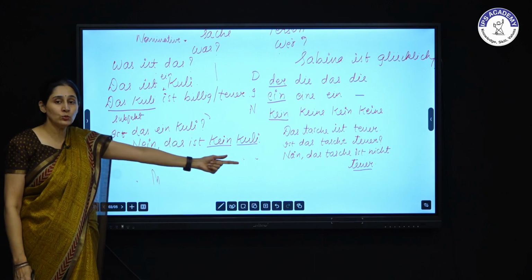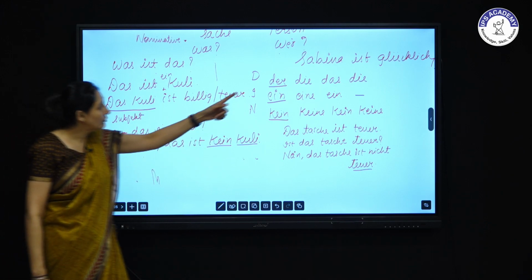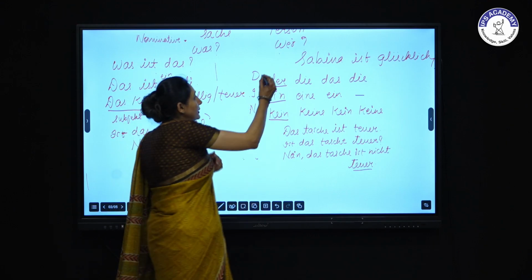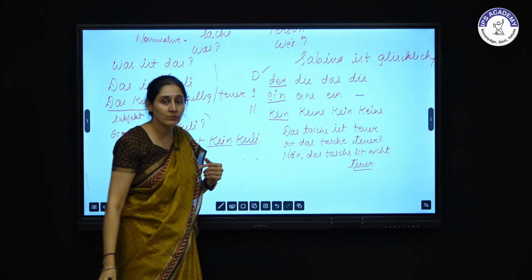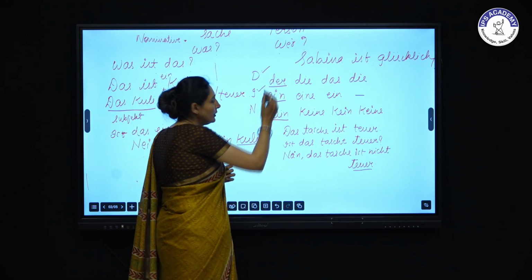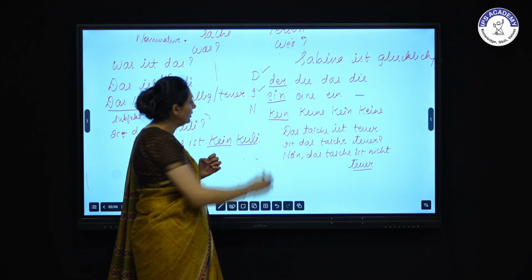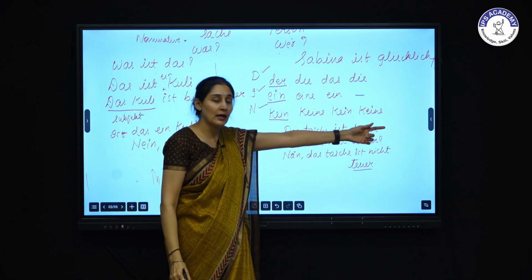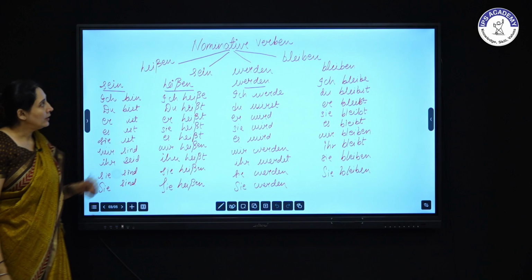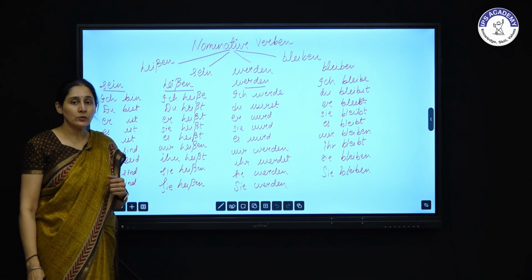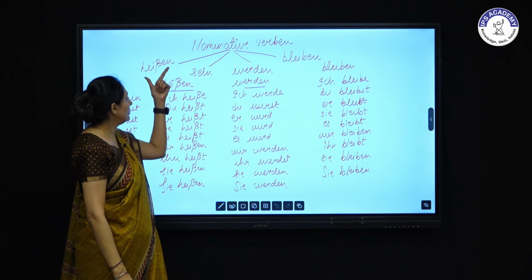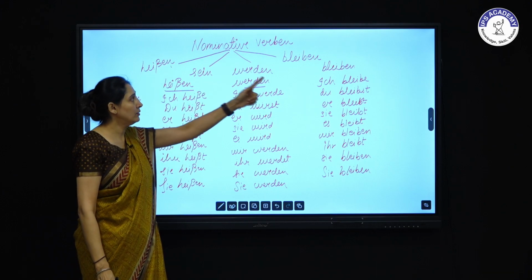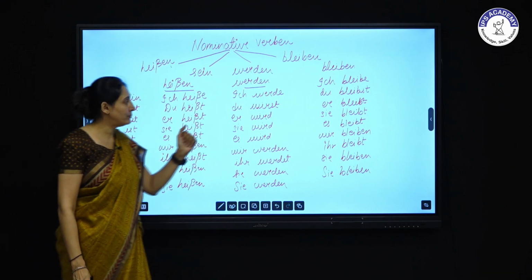Nein, das ist kein Kuli. Here we have seen the definite article, bestimmter, the indefinite article, unbestimmter, and our negation, kein, keine. The nominative case also has some verbs with it: heißen, sein, werden oder bleiben.